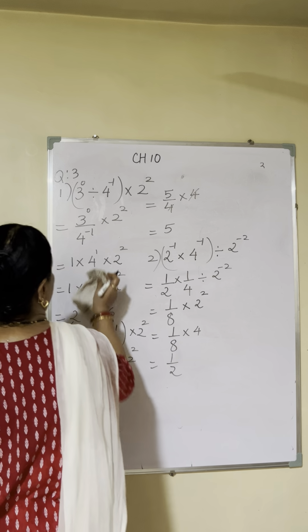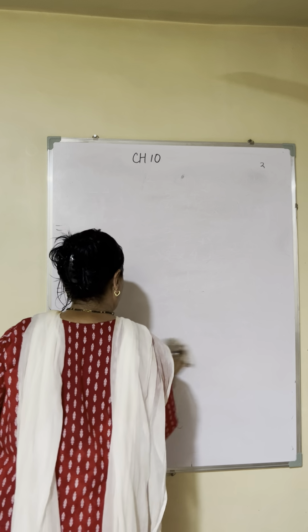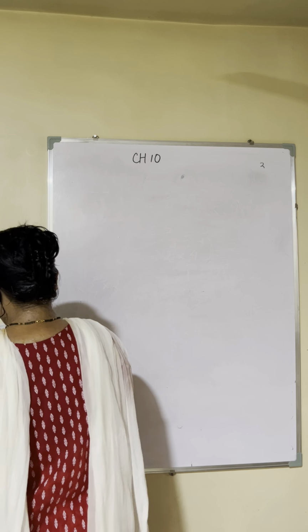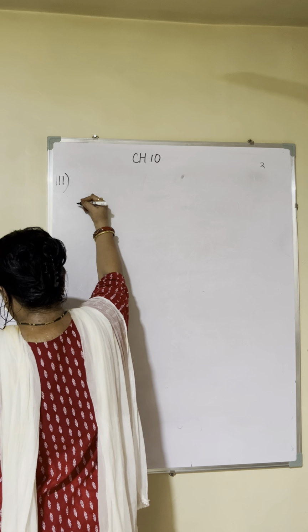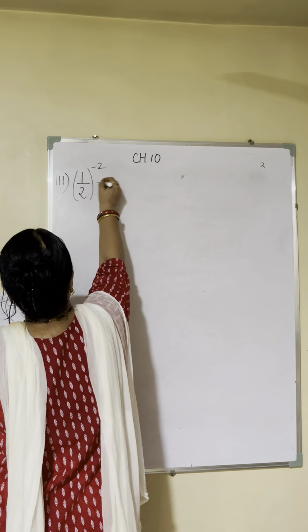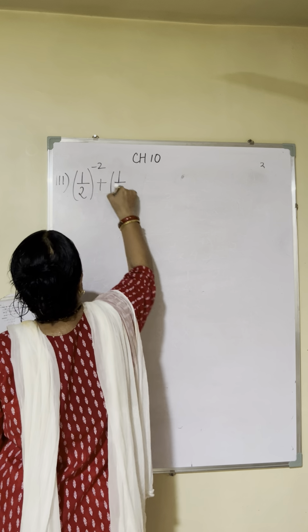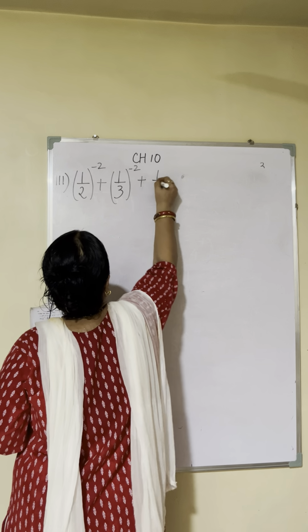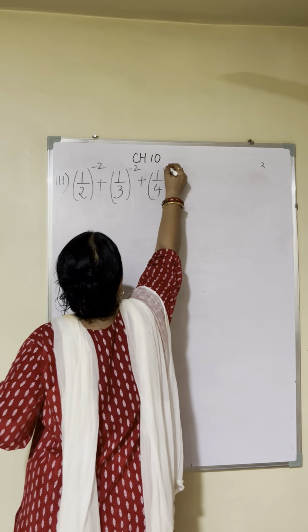Second one. Now we will start with the 3rd. Our question is 1/2 plus 1/3 plus 1/4 raised to -2.